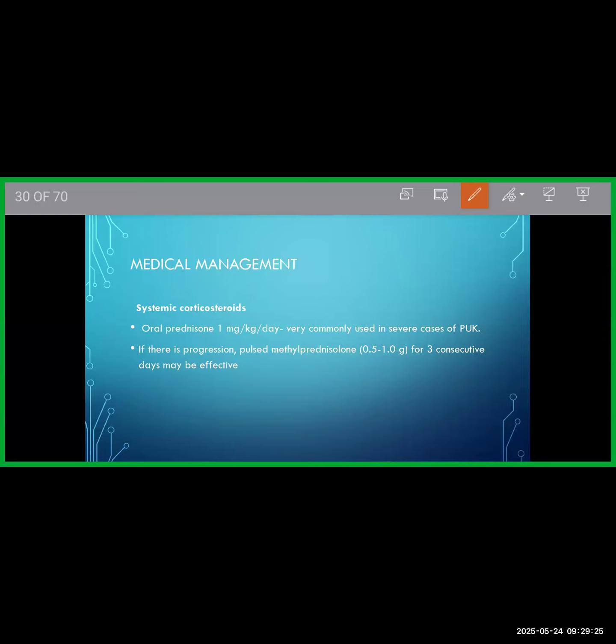The point to note here is that patients on steroids should, for every visit, have their IOP checked, because for steroid responders the pressures may be elevated, which will require the use of anti-glaucoma medication.